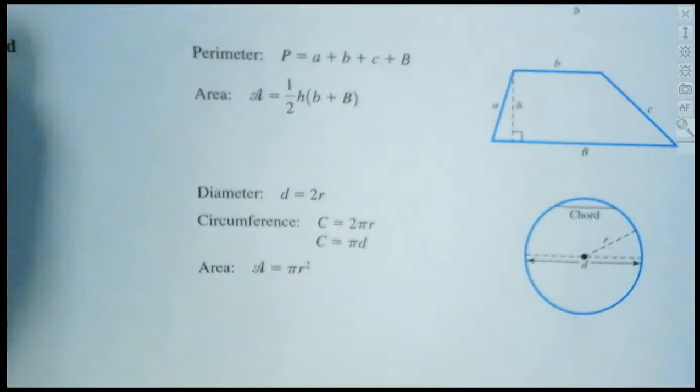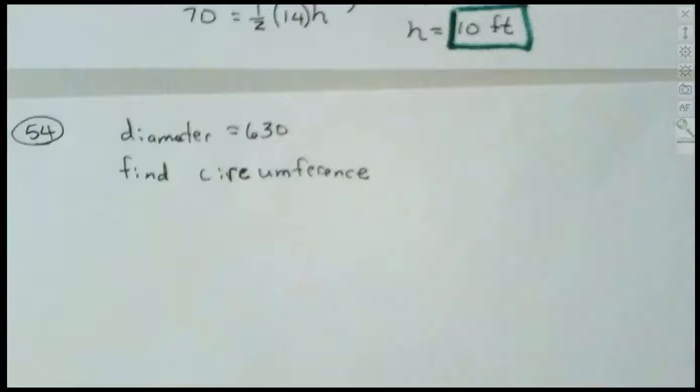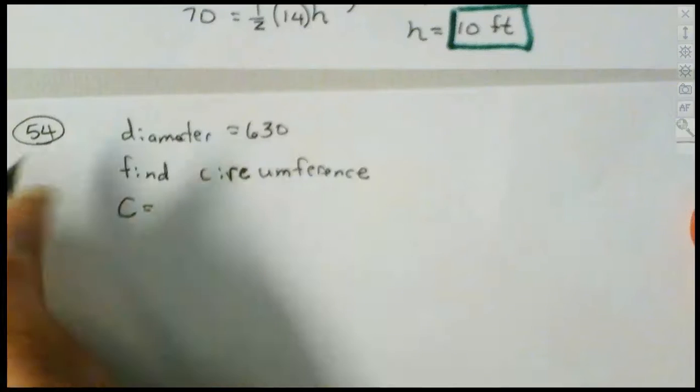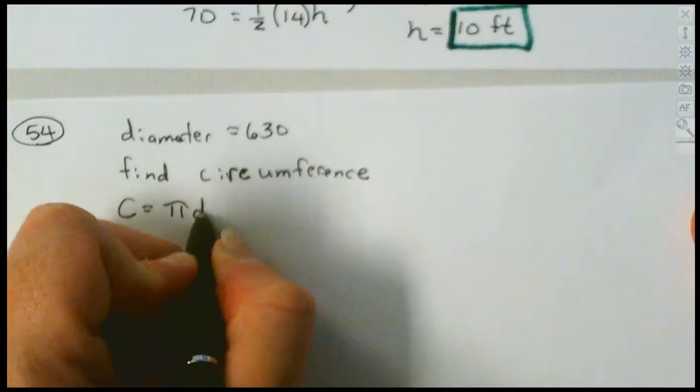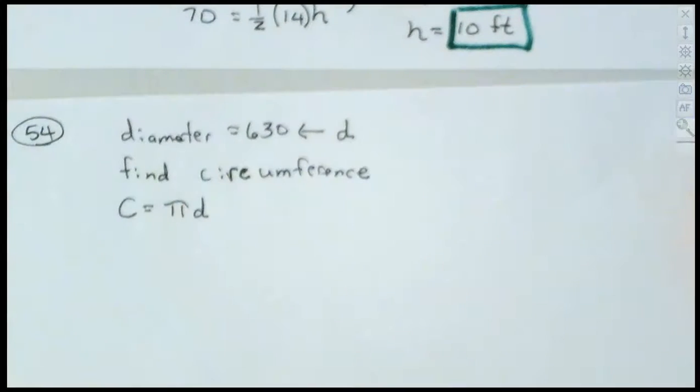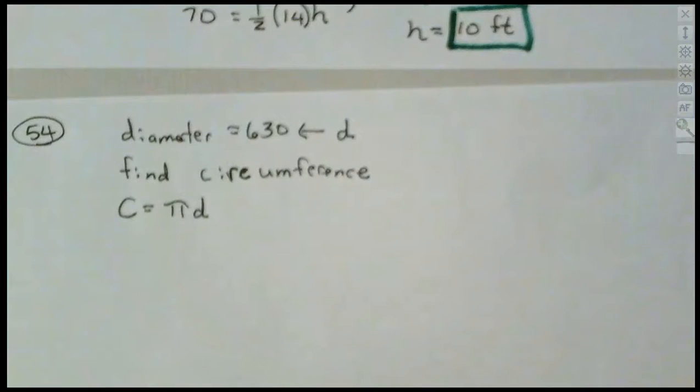So our formula is going to be C equals pi D. That's our formula. So C equals pi D. D is the diameter, and that's your 630. Pi, we're going to use the pi key on our calculator.